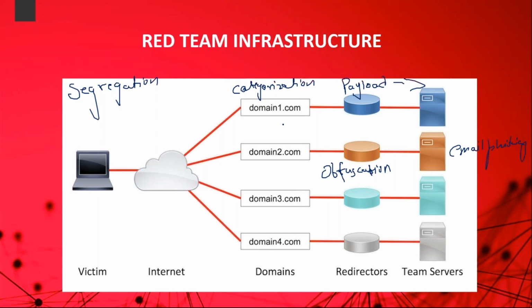So either you are using pre-categorized domains, or you are using homegrown ones, like creating your own domains, right? So these are the things. That's why red team infrastructure is different from pen testing, right?